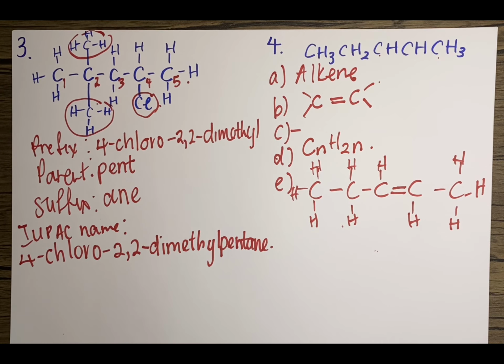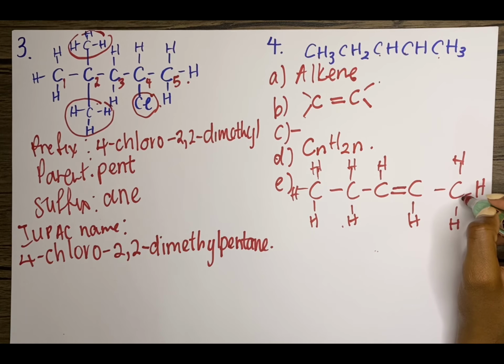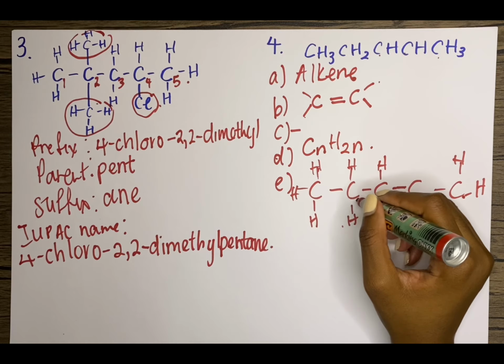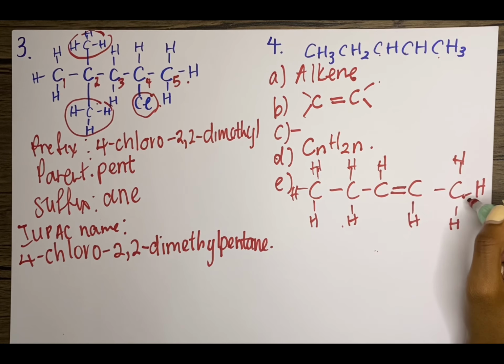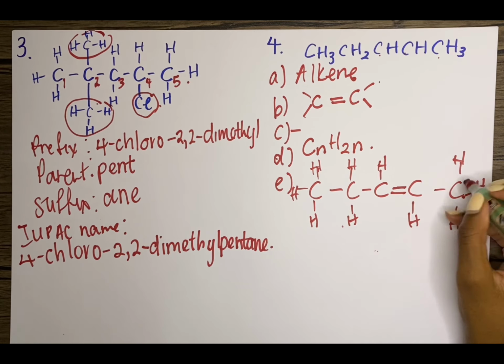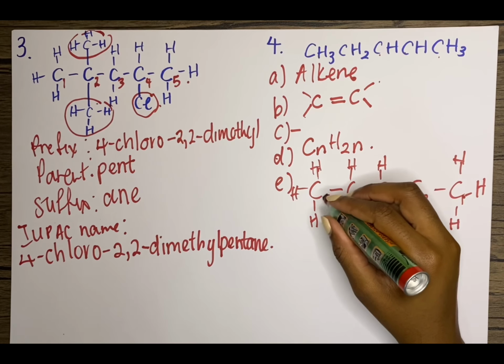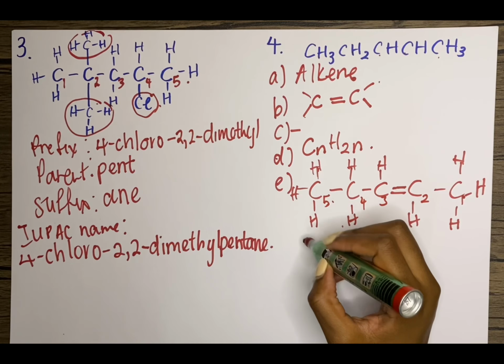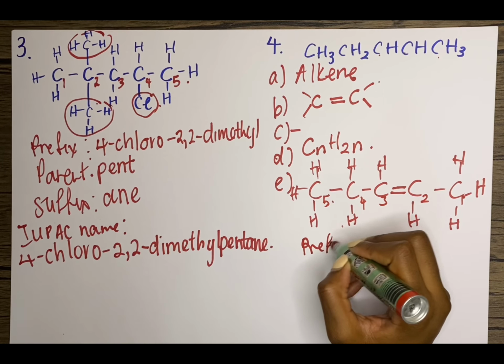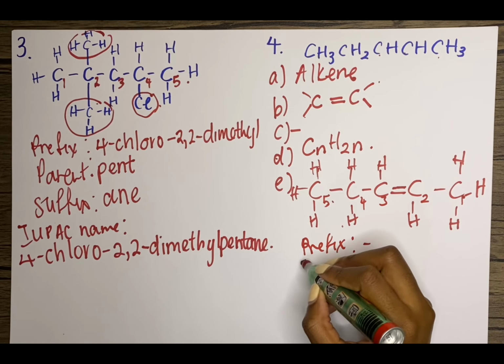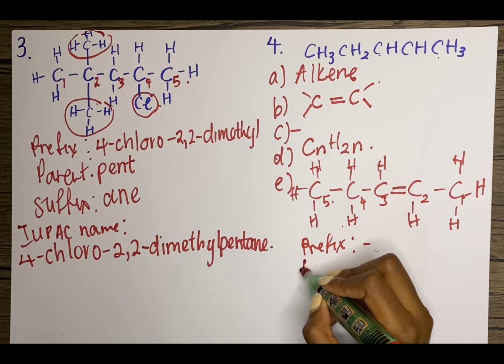So this one is relatively easy. You prioritize the double bond. If you number from the left, then the double bond is in position 3. If you number from the right, then the double bond is in position 2. So we number from the right. Right? Which means I don't have any substituents, so there's nothing there.